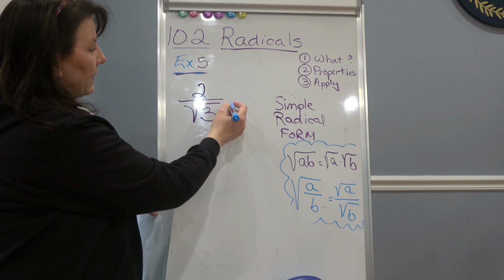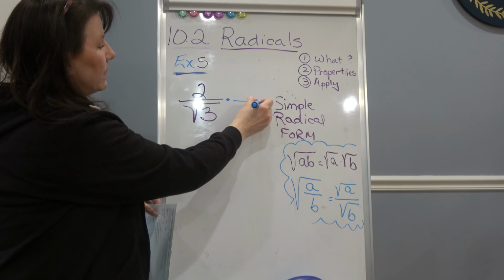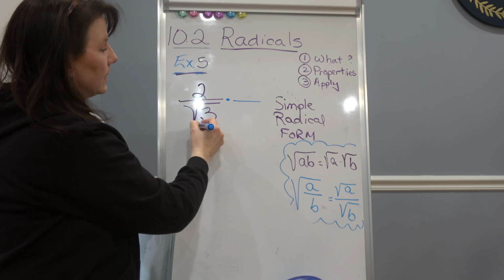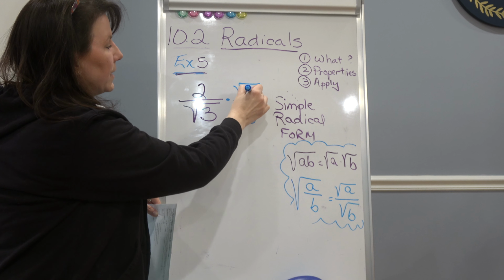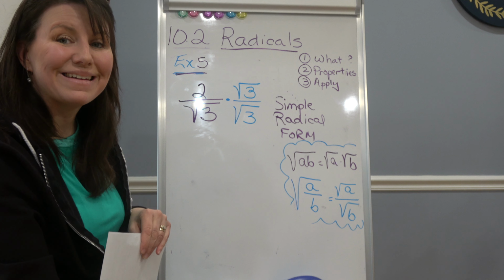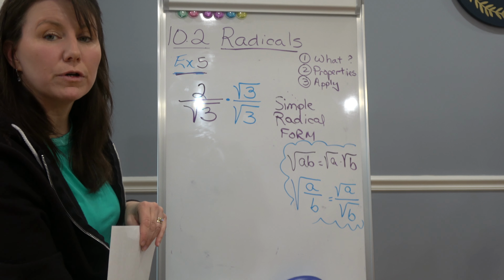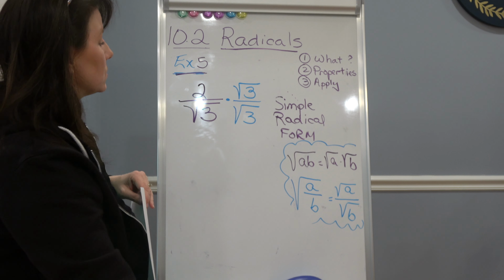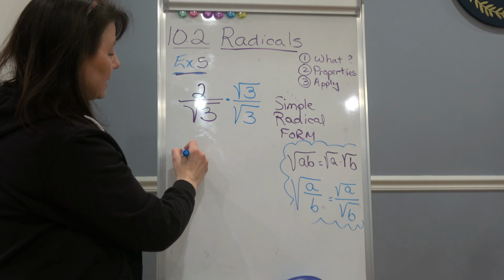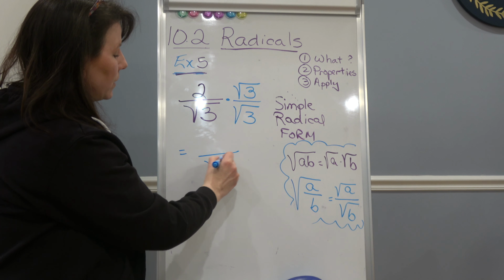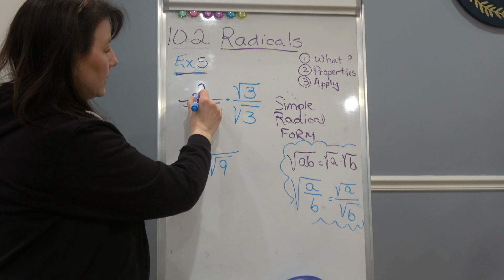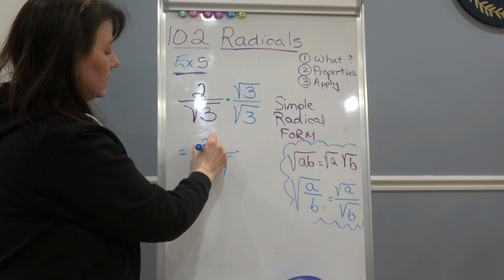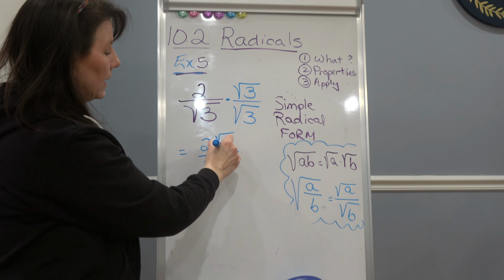Well, dividing's not going to help, but if we multiply by the same square root, then we're going to get something that is not any longer a square root if we simplify it. So the square root of 3 times the square root of 3 is the square root of 9. 2 times the square root of 3 is 2 root 3.